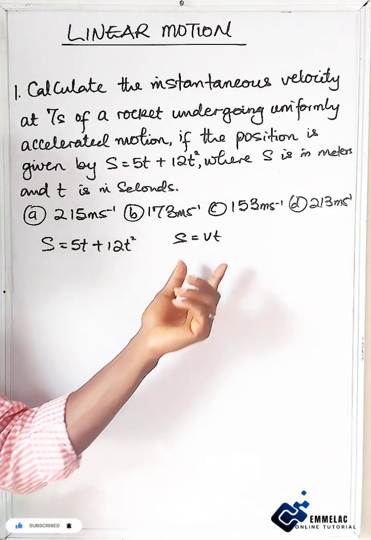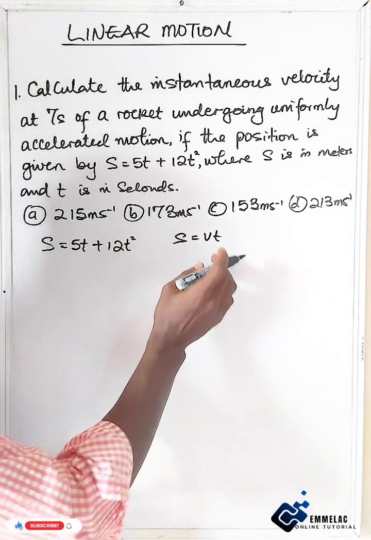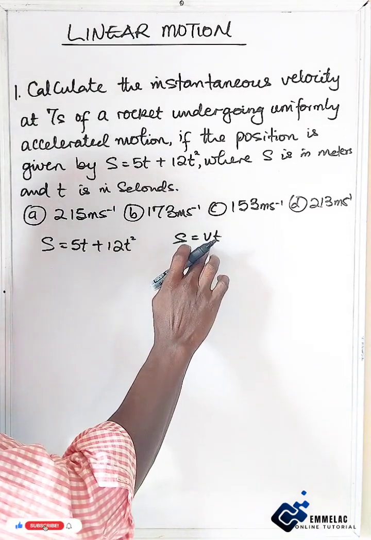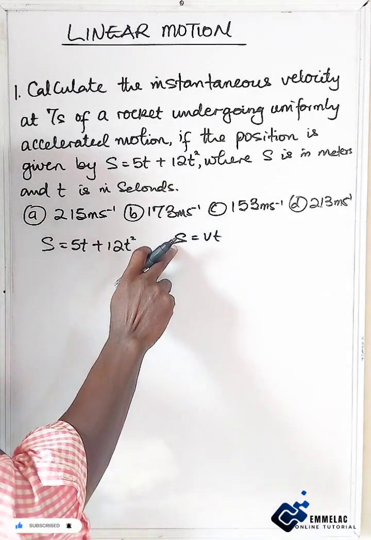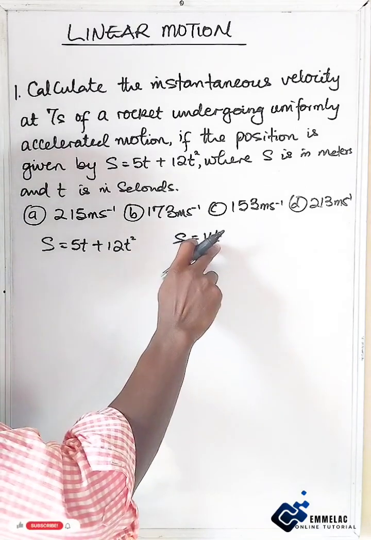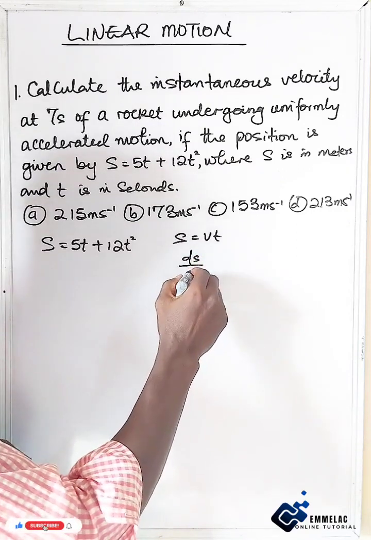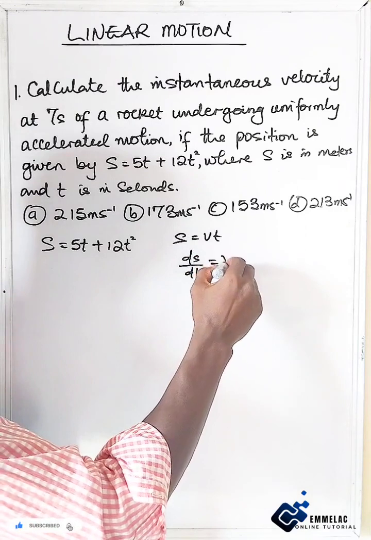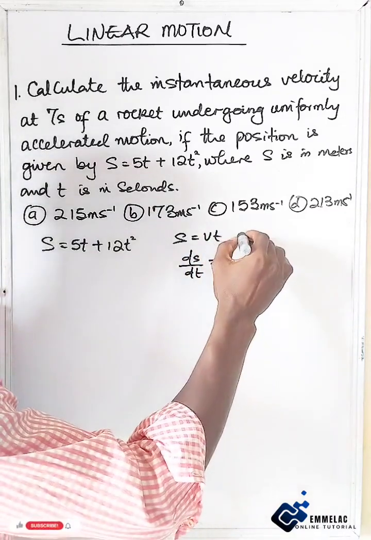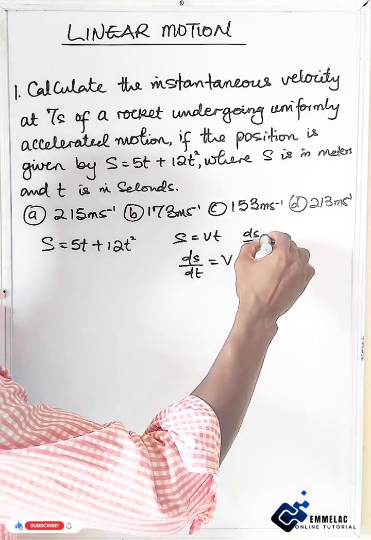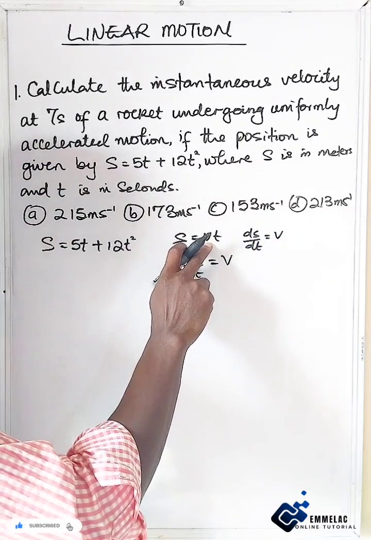And in terms of differentiation here, we can assess that for us to find the value of v, we will need to differentiate the position with respect to t, which implies that ds over dt will then give us V, which is actually what we're looking for.